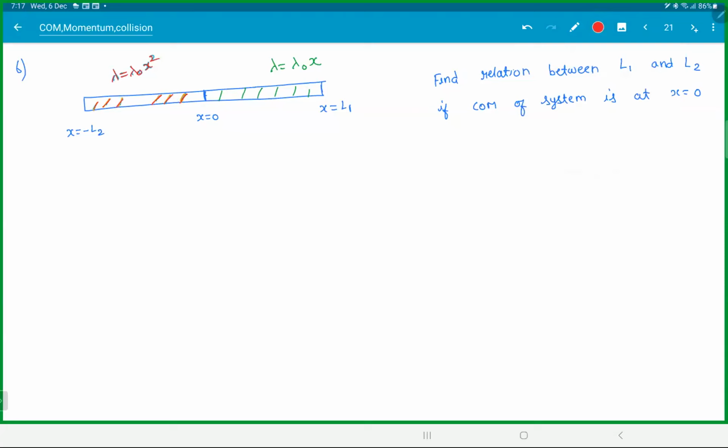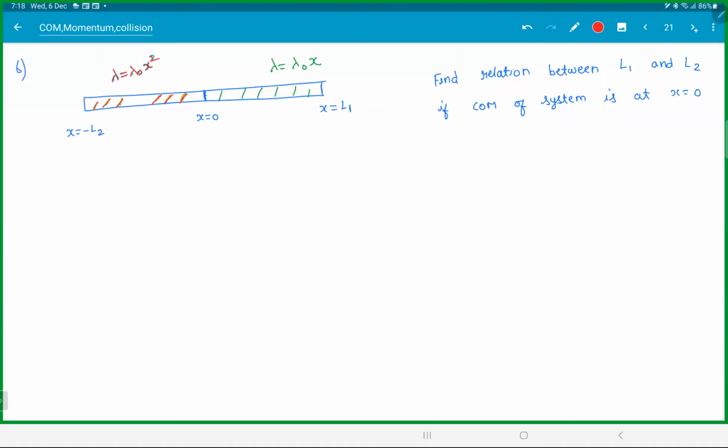Get this. Lambda is given, no? You can find the mass from there, isn't it?